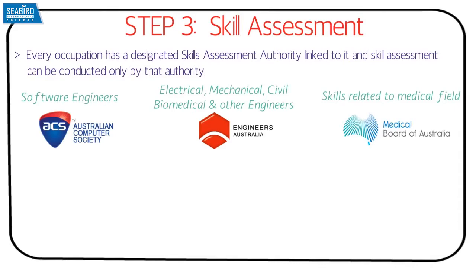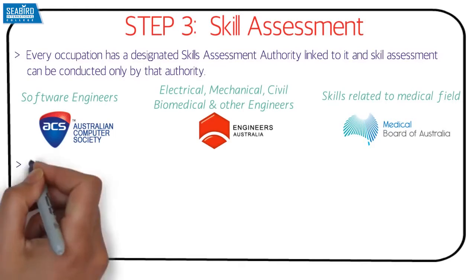How you can find it: when you find the occupation, you'll find the assessing authority over there. So it's very easy. I'll explain in detail in my next video how to find it.